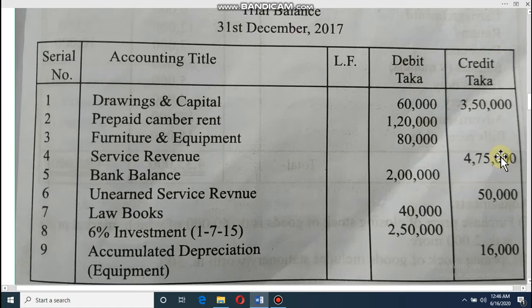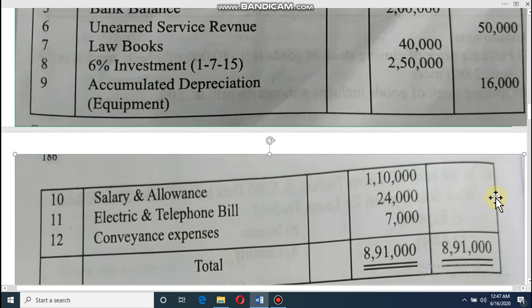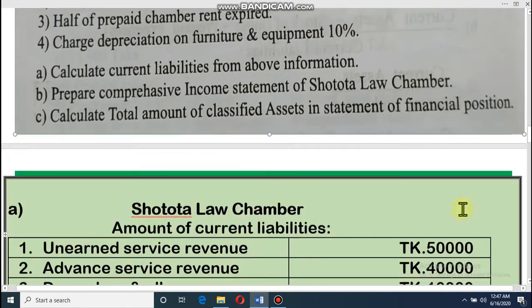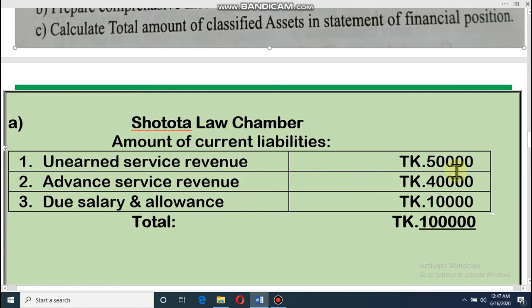Service revenue, this is income. Unearned service revenue, this is a liability, and this is a current liability. We have to give the service within a short time, so this is a current liability. And accumulated depreciation, it is not a liability, it is a fund. So unearned service revenue 50,000, it is our current liability.